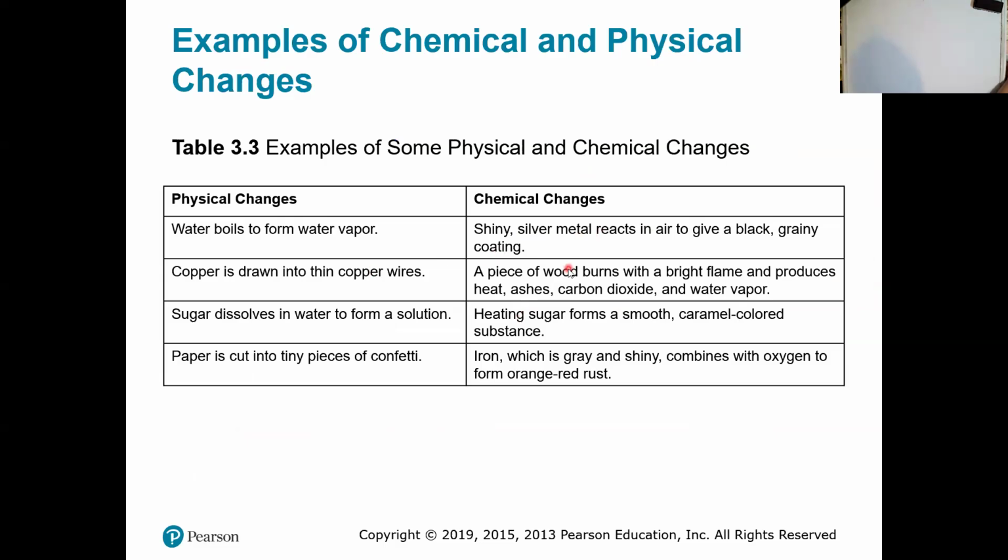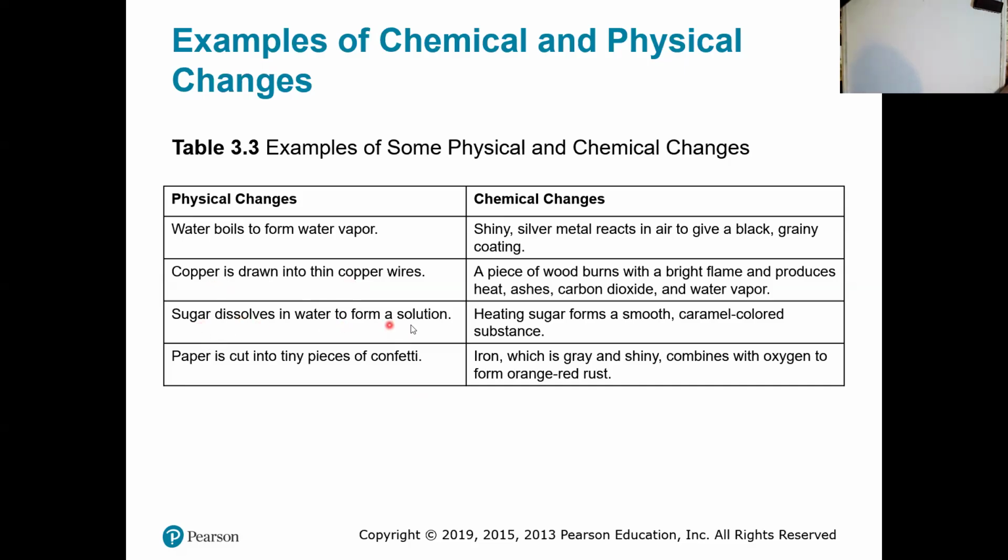So these are just some examples of different types of chemical and physical changes. Notice that for the physical changes, you have things like water boiling. That's a phase change. You have copper, which is solid, being drawn into thin copper wires. That means you're changing the shape of the copper. You're taking it from maybe a flat sheet and pulling it into wire shapes, but it's still just copper.